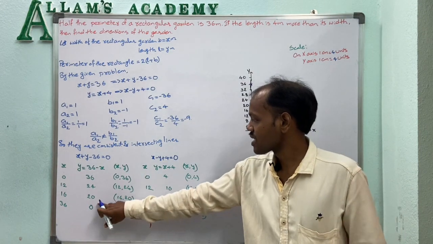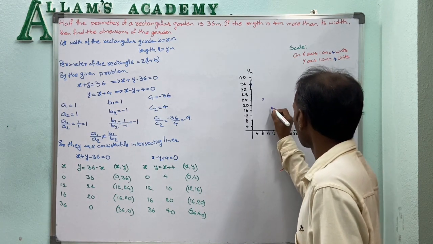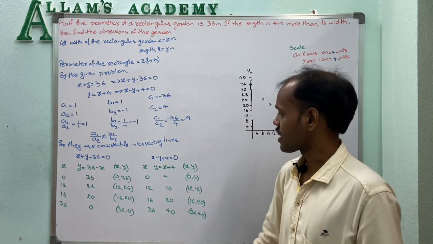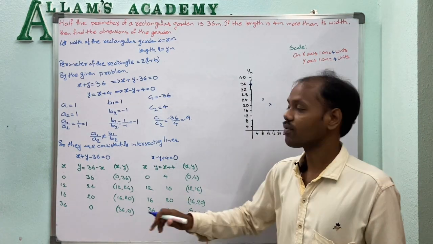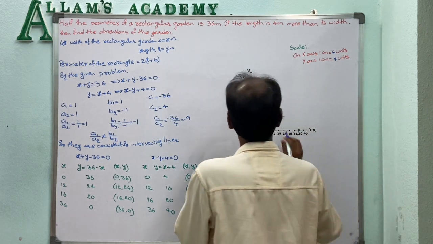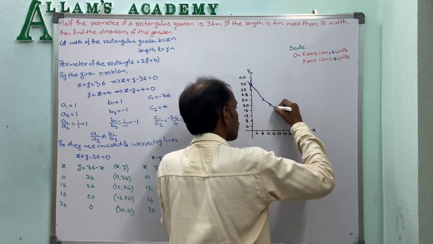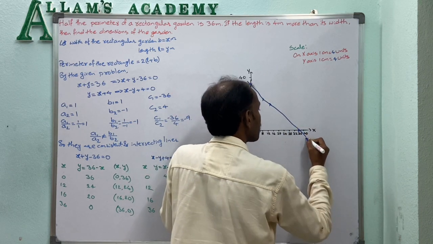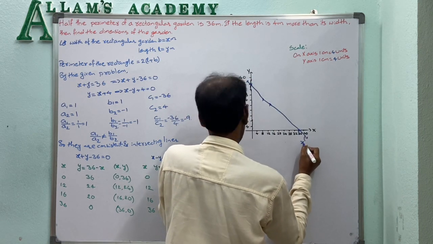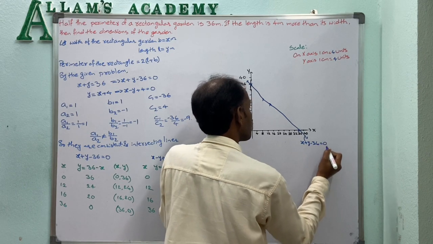Next, for 16 the corresponding y coordinate is 20. Next, for 36 the corresponding y coordinate is 0, which means it is on the x-axis. If we join all the points, we get a straight line, that is x plus y minus 36 equal to 0.